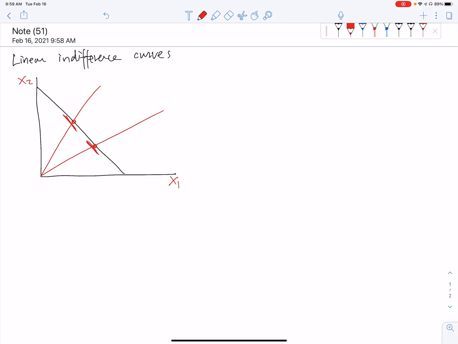In other words, the percent change in MRS against the percent change in the ratio of the consumption of x2 against x1 is simply 0.